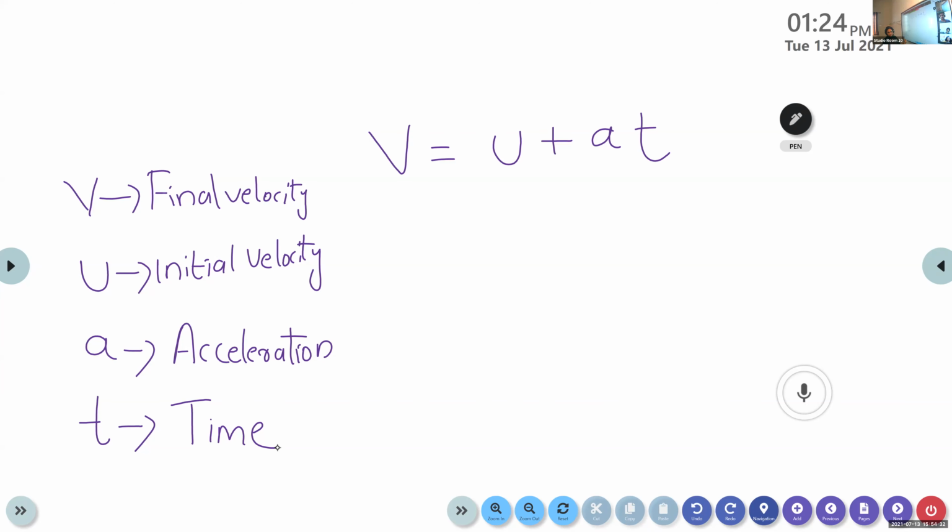T is the time. Now we are going to apply the principle of homogeneity in order to check the correctness of the equation. According to the principle of homogeneity, the dimensions of each term on either side of the equation should be the same. So first of all, we are going to write the dimension of velocity. Here V is the final velocity.